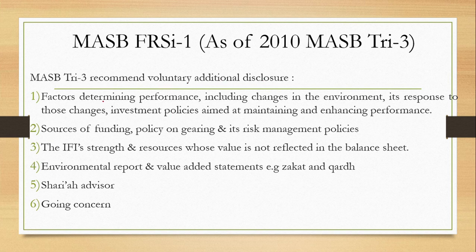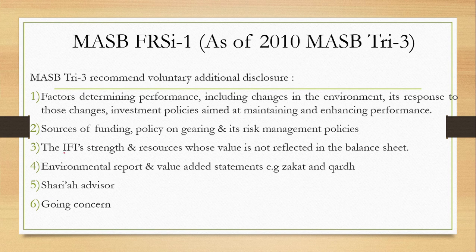So, kiranya CIMB tadi tu yang nak membuat Islamic banking activities in the institution, they need to disclose this kind of information, which is the factors determining performance, including all of the changes in the environment, and they have to disclose the sources of funding, policies on gearing and also on its risk.